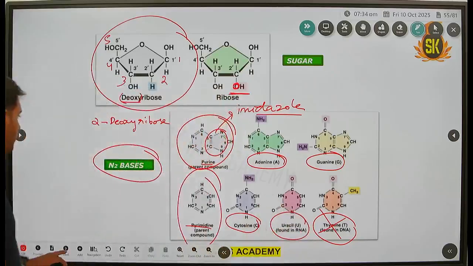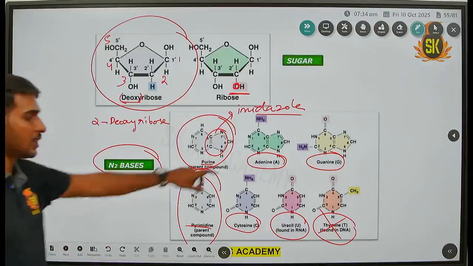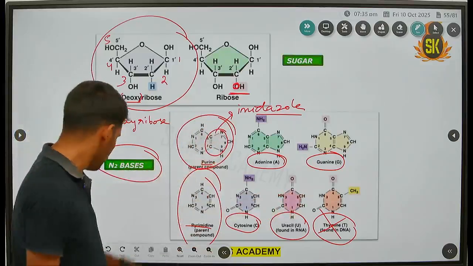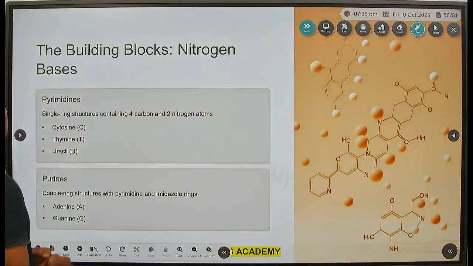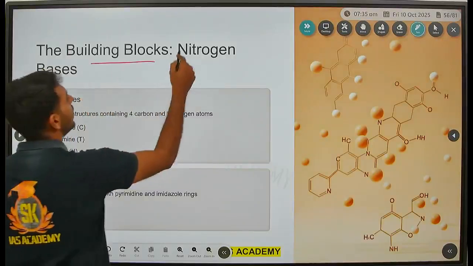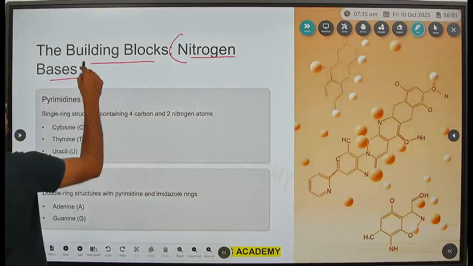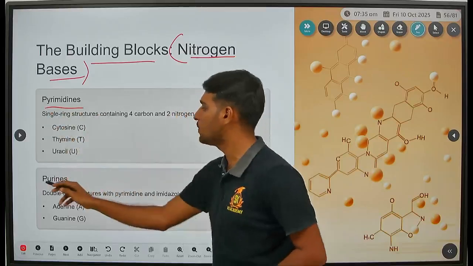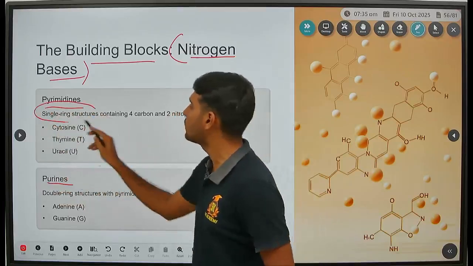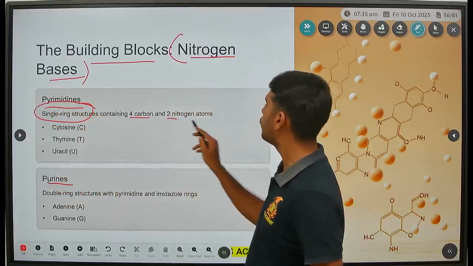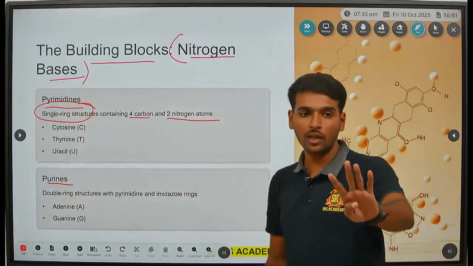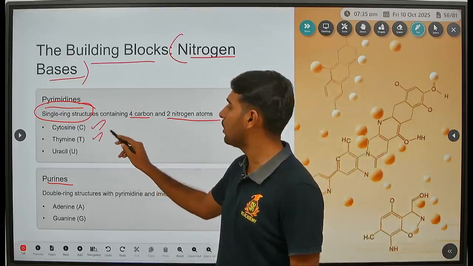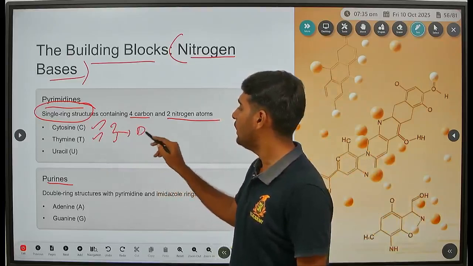Okay, so you also have to know the structure. How many rings? 1, 2. So the building blocks are actually nitrogen bases. As we discussed, they are of two types: pyrimidines and purines. Pyrimidines have a single ring structure containing 4 carbon and 2 nitrogen atoms. Types: cytosine and thymine, present in DNA.